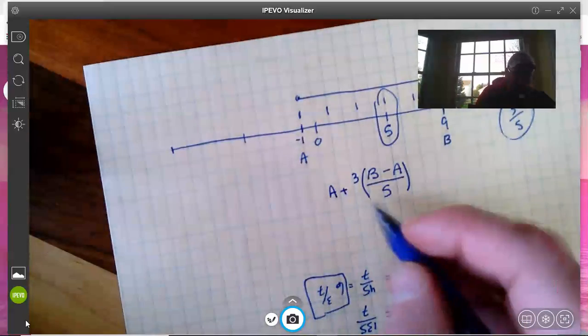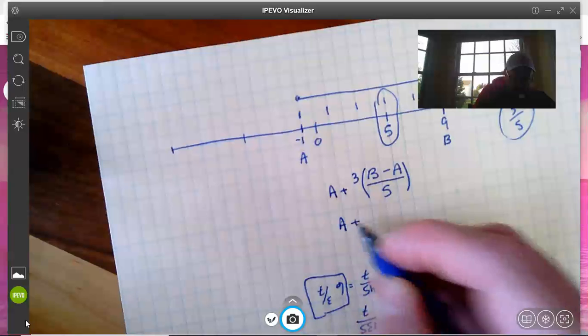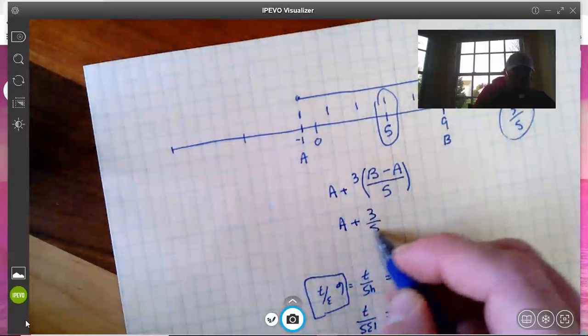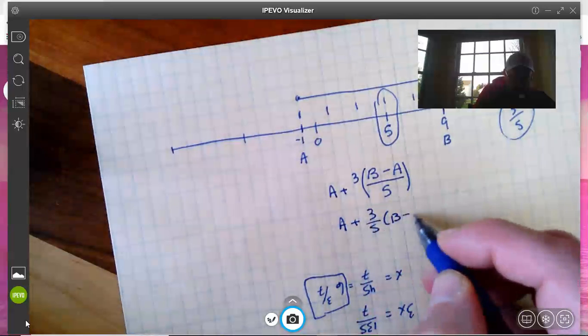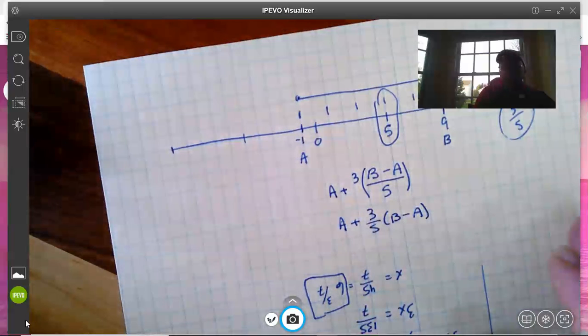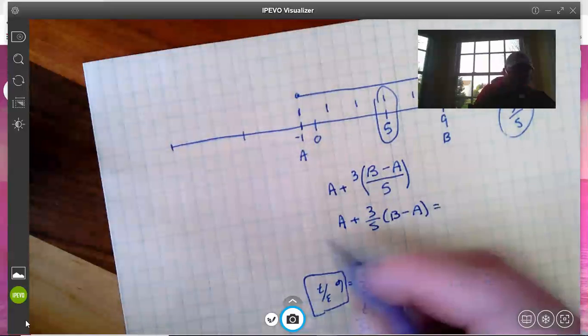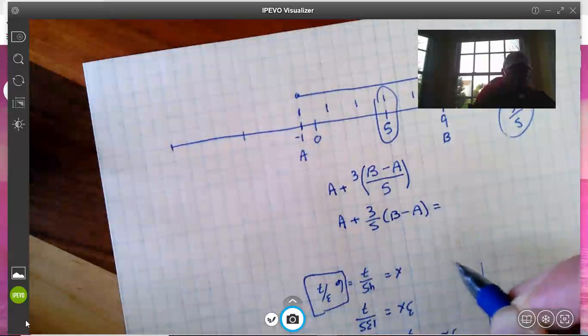So let's write this a little nicer here. That would be A plus 3/5 times B minus A. Okay. I'm going to simplify this a little bit more.